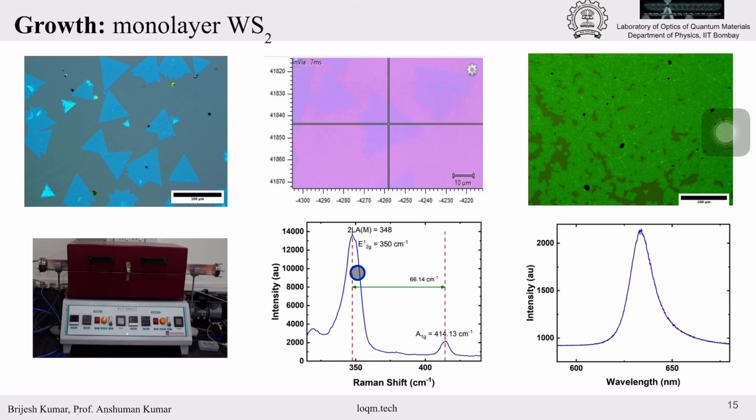In the literature, the difference between these two modes is 66 inverse centimeters. We are getting a good match with the literature, so we consider this a monolayer, and we are also getting the PL. We optimized this in collaboration with Anuj.